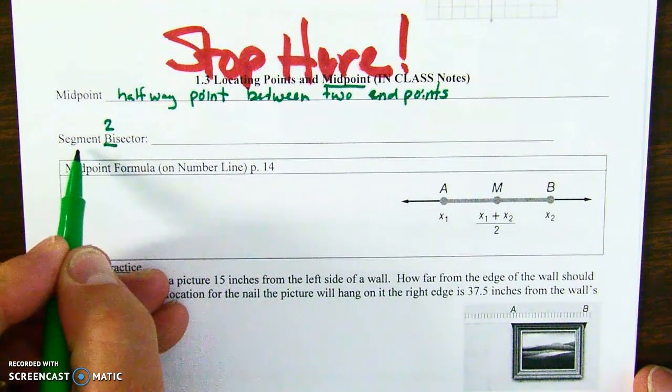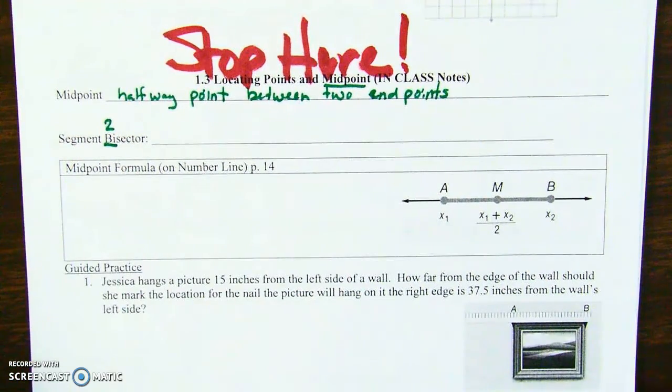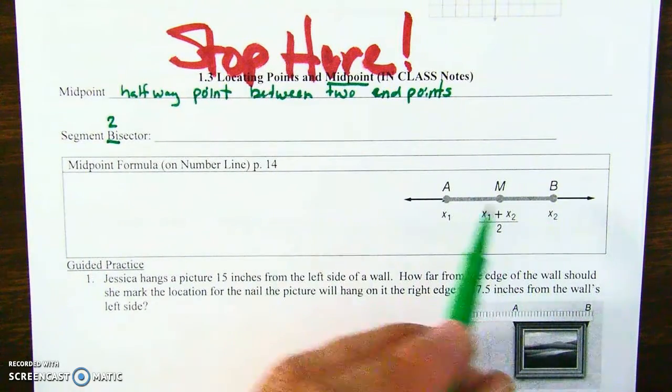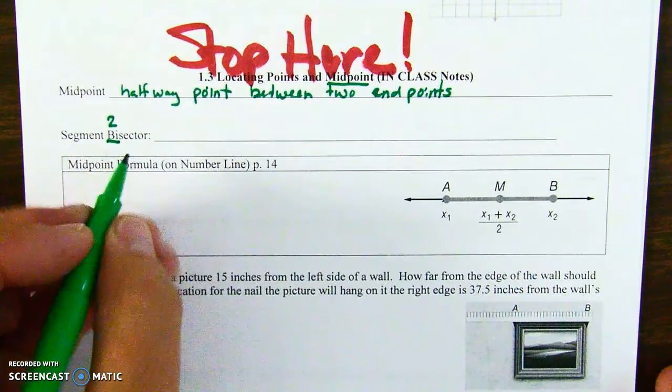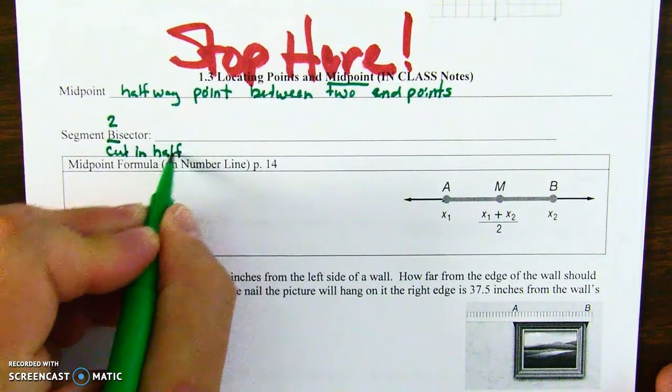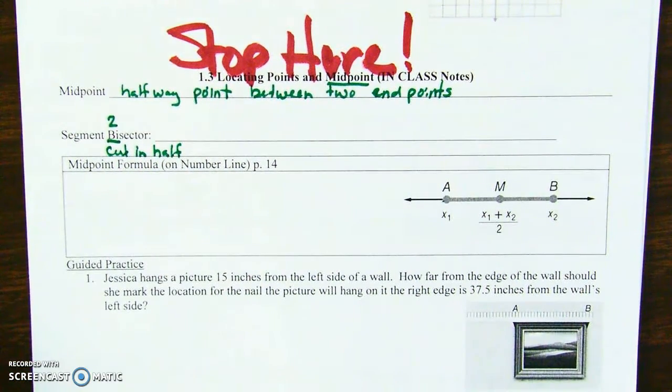A segment is just a part of a line, AB as we show here, and we want to bisect it, meaning cut it in half.